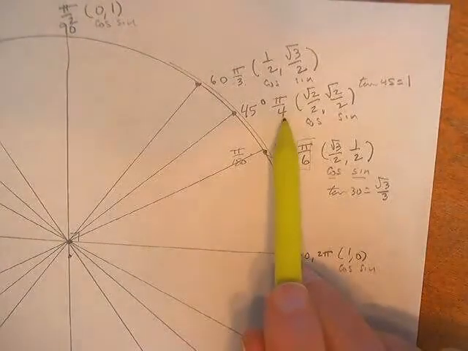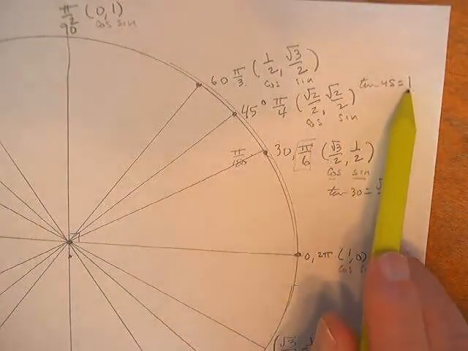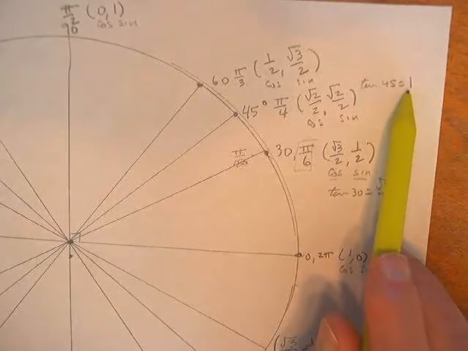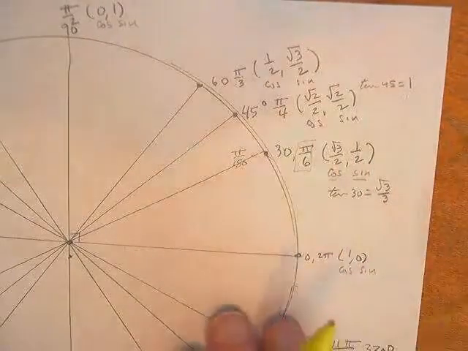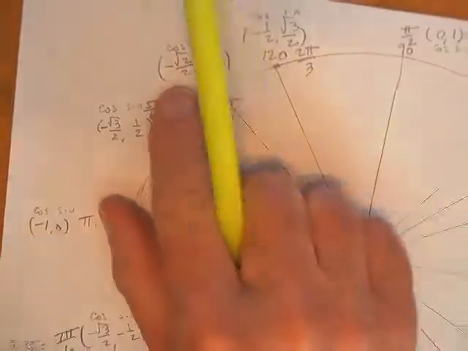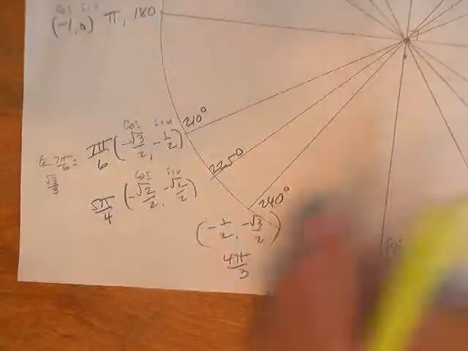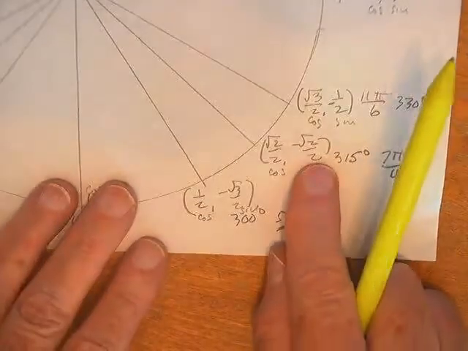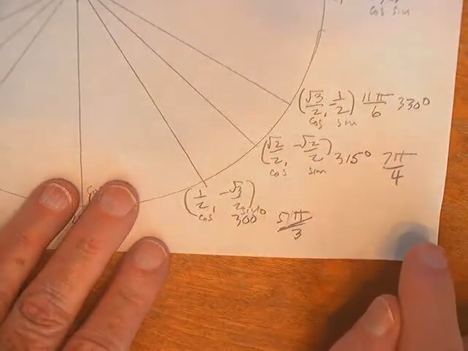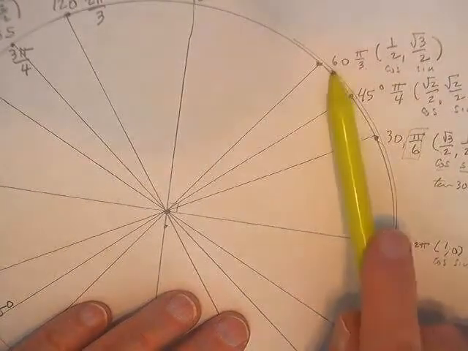So if you see a pi over 4 any place, you're supposed to know that the tangent is either 1 or negative 1. Okay? Well, guess what happens right here? Y divided by x, negative 1. Y divided by x, positive 1. Y divided by x, negative 1. But all the pi over 4s are going to have a tangent of 1.